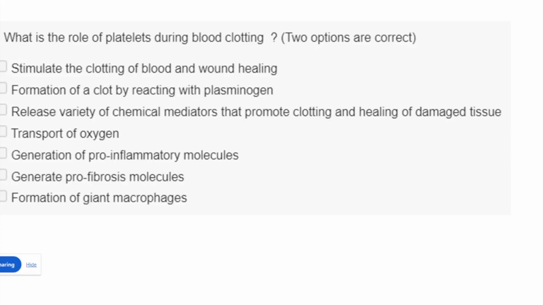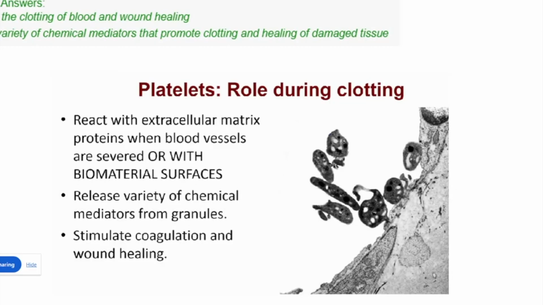Okay. Option 1 and 3. Okay. Yes, option one and three would be the correct answer.